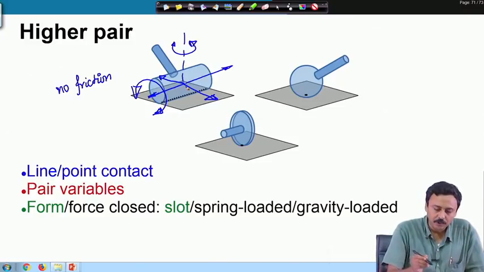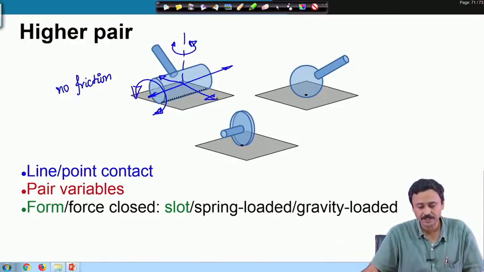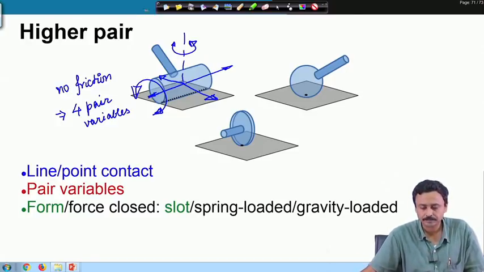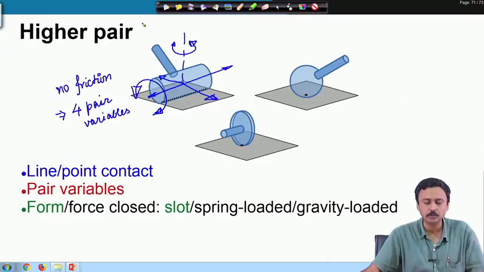So, if you do not consider friction, this has 4 degrees of freedom. So, there are 4 pair variables, 2 for translation and 2 for rotation.